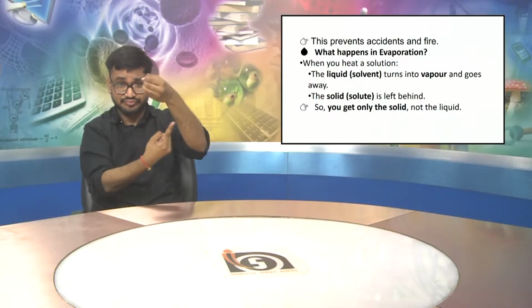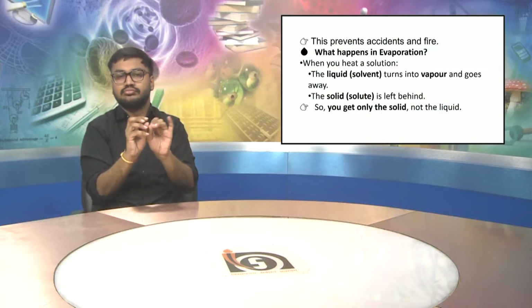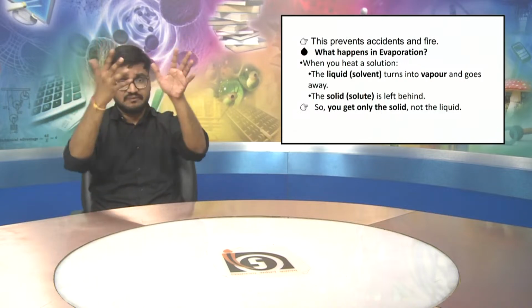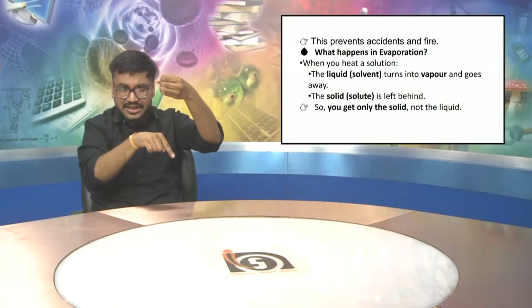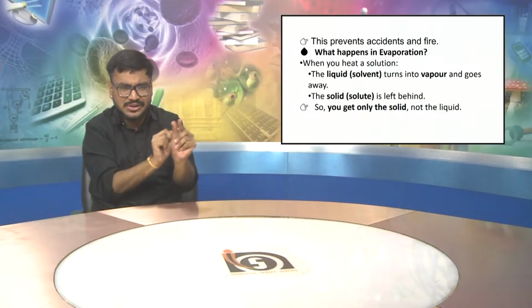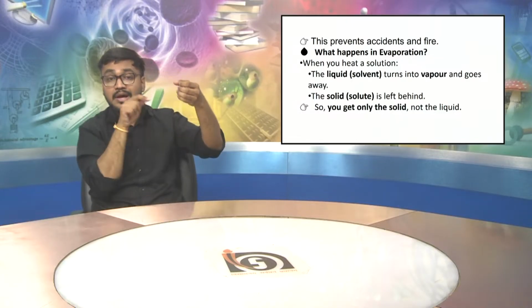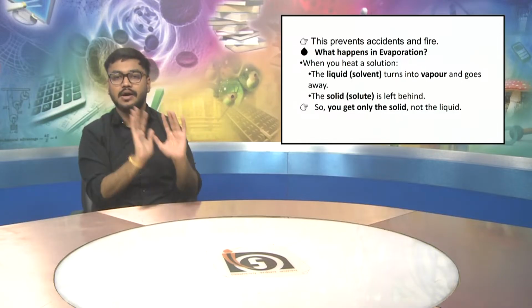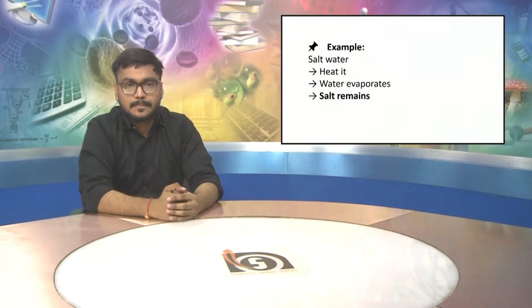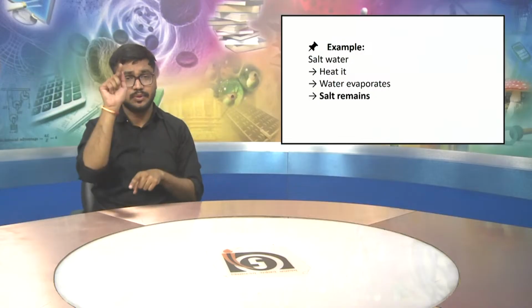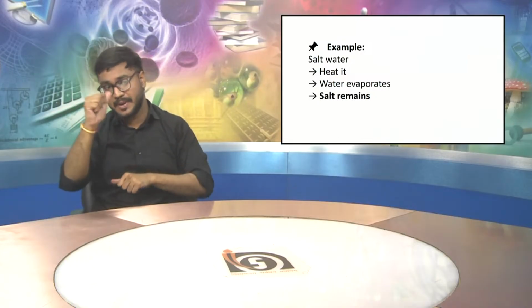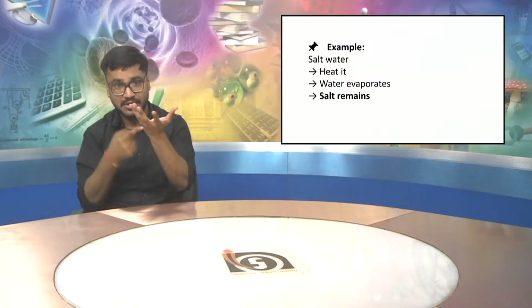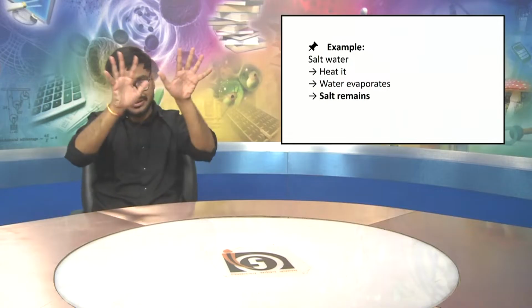What happens in evaporation? When you heat a solution, the liquid, which is the solvent, turns into vapor and goes away, and the solid, which is the solute, is left behind. So you get only the solid, not the liquid. For example, the easiest example is salt water.